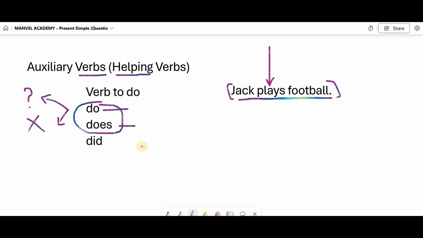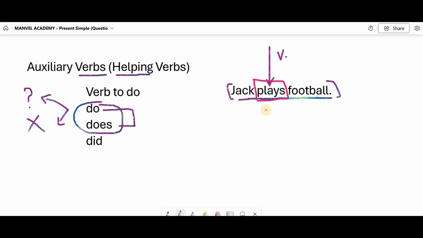If I can't see do or does written in the sentence, because I need them both with the present simple, I will have to go to the verb. What is my verb here? Plays. So plays is my verb.